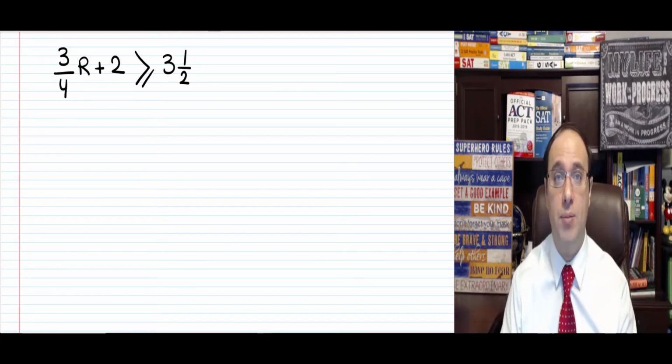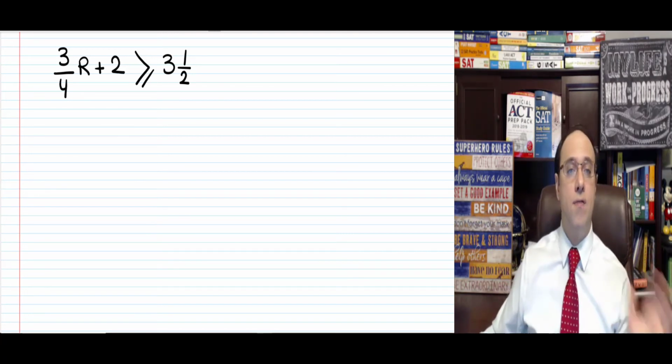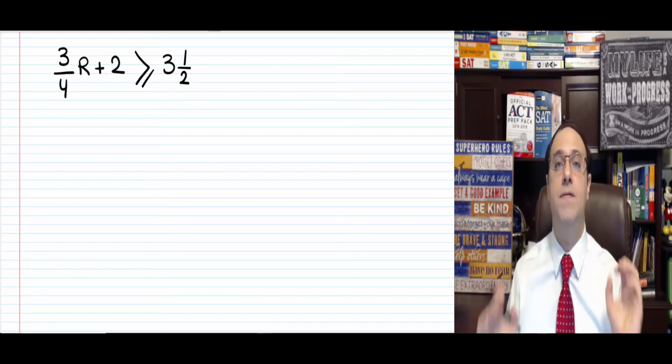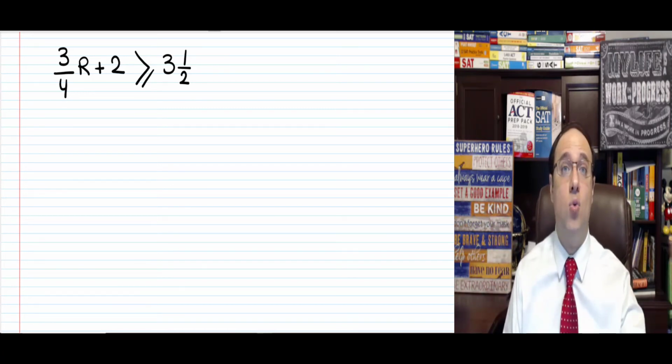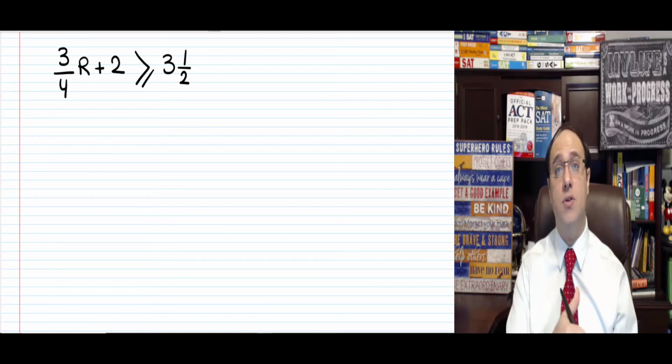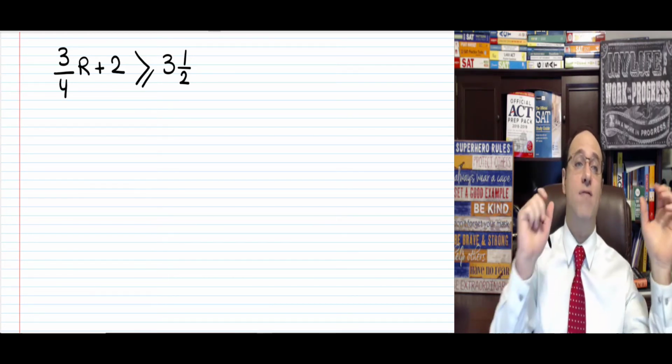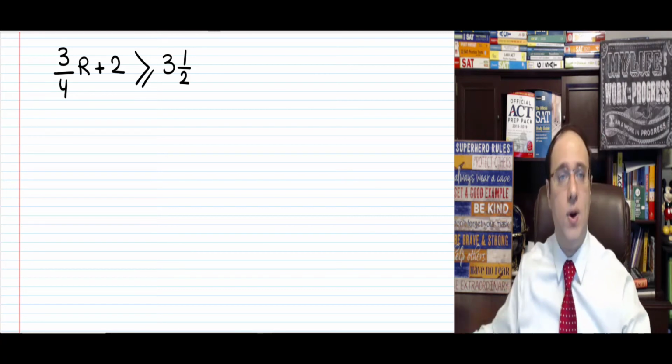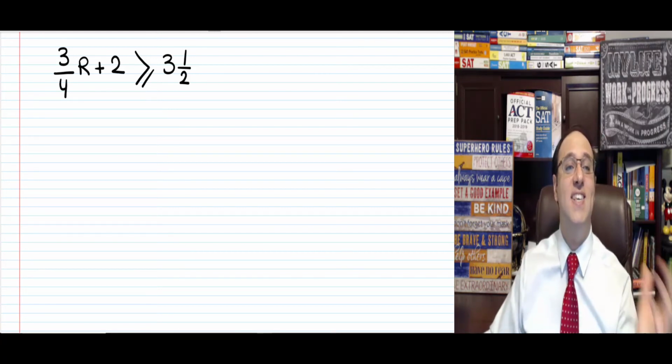Now, looks a little bit complicated. Let's do this. First of all, you always want your variables on the left. Your x's, your y's, your a's, your b's, your r's on the left, and your numbers on the right. And here we only have r on the left, no r's on the right. It's a better question. It's easier.